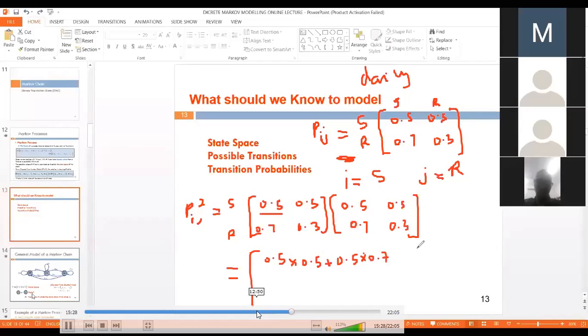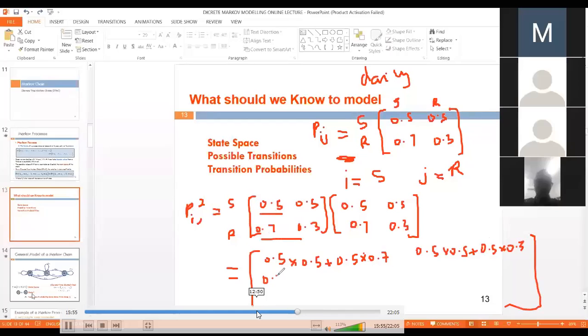Okay, then we go 0.5 times 0.5, plus 0.5 times 0.3. Okay, then we are done with this row, so we come to the next row.